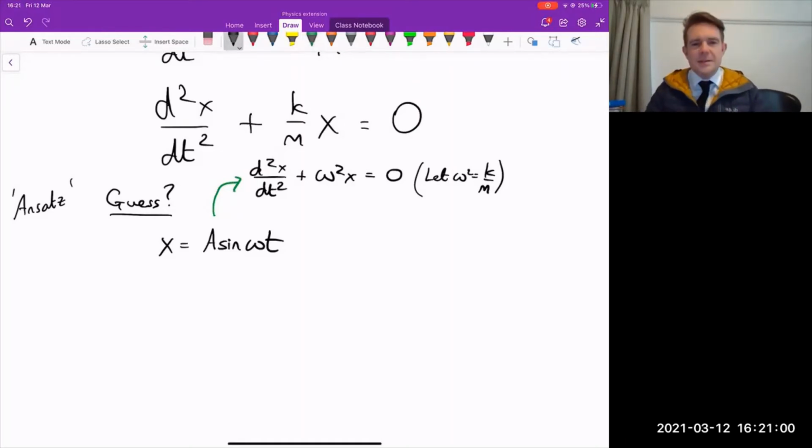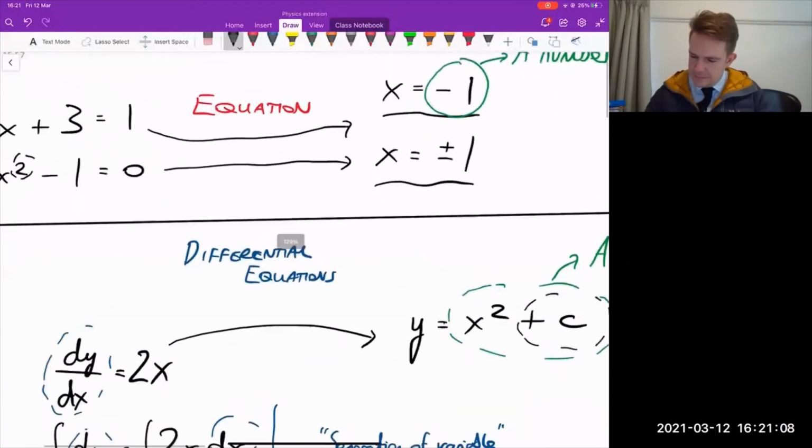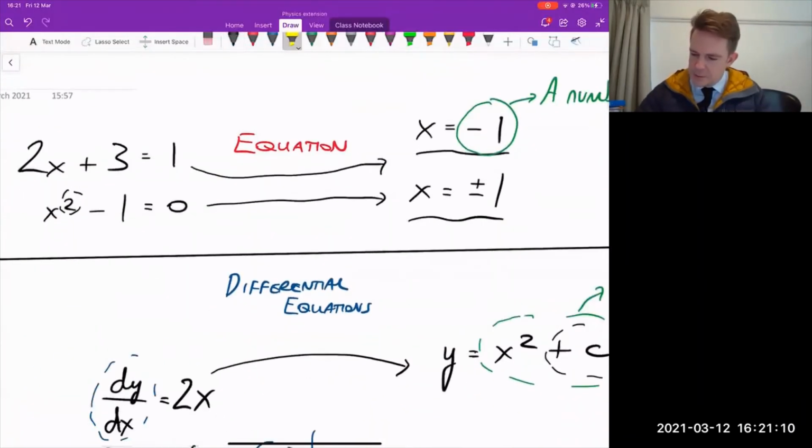I'm not expecting you to necessarily know. The way you'd prove it is by substituting. You know how if I wanted to prove that this minus 1 was a solution to this, I would just substitute the value minus 1 in for x. Well, we can do a similar thing here.